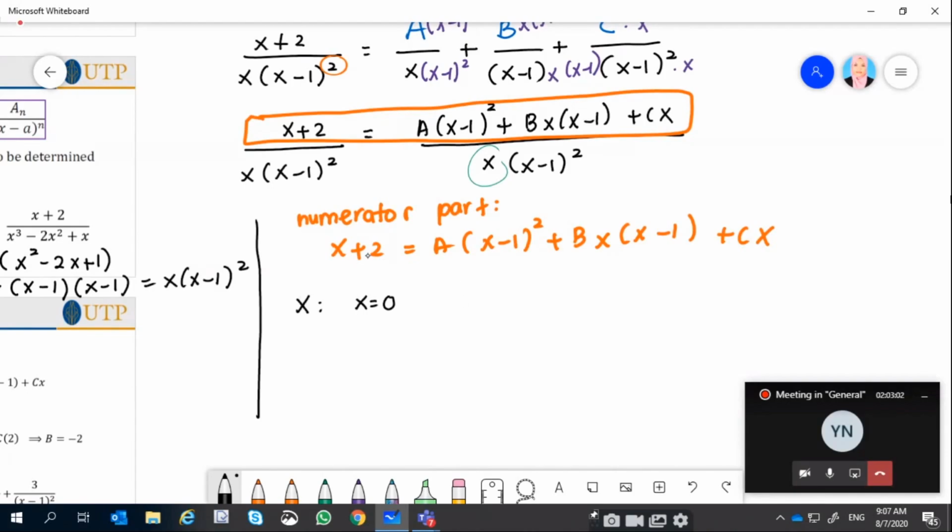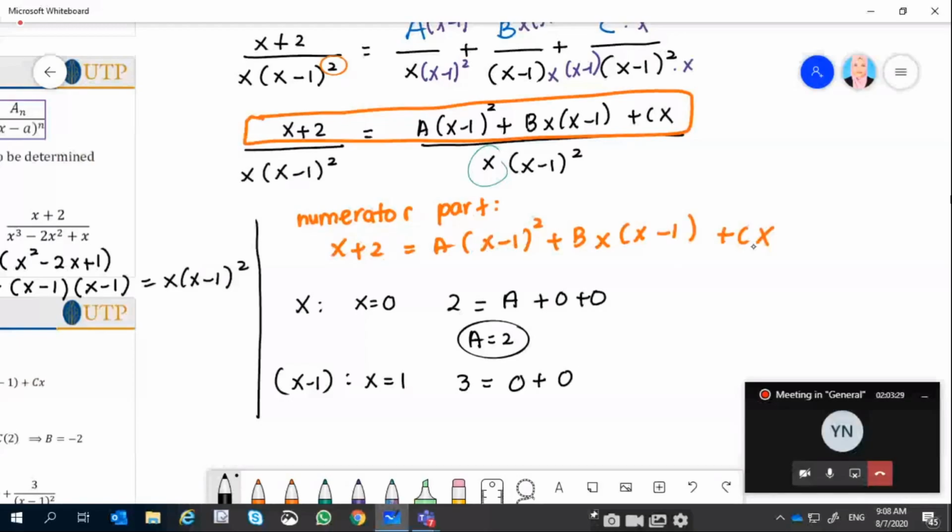On the left hand side it is 2, on the right hand side it is a plus 0 plus 0, so a equals 2. For the second factor, s minus 1, the root is s equals 1. 1 plus 2 is 3, 1 minus 1 is 0, 1 minus 1 is 0, and then c times 1 is c, so c equals 3.